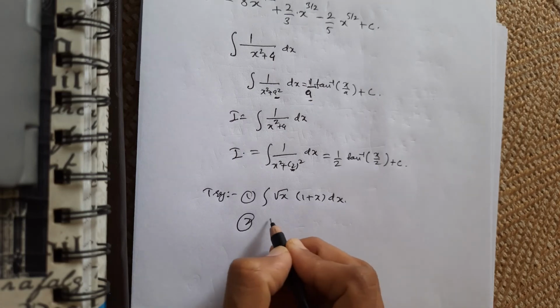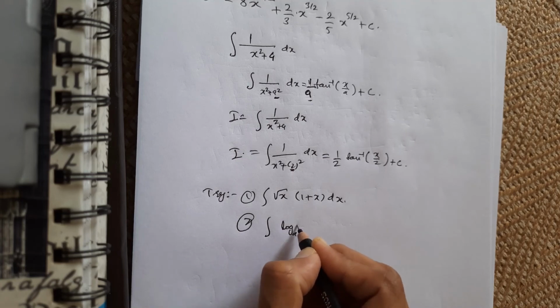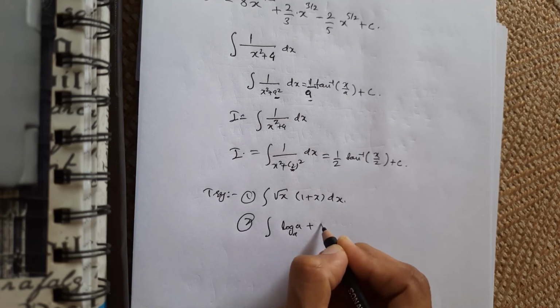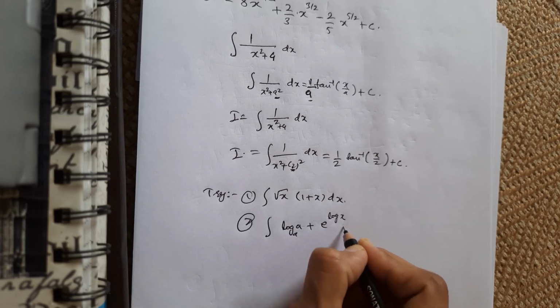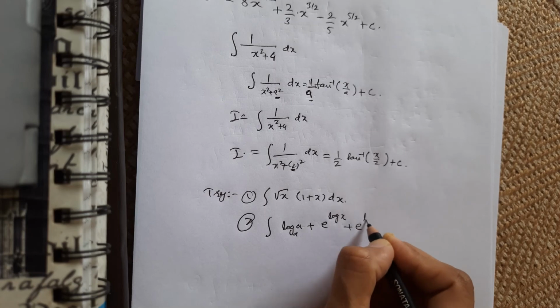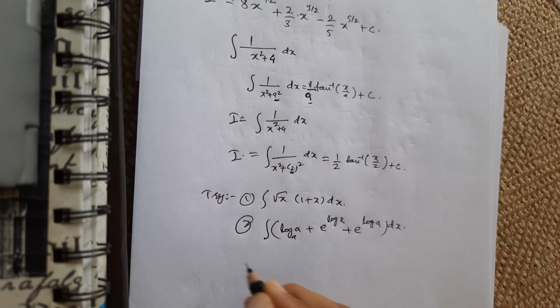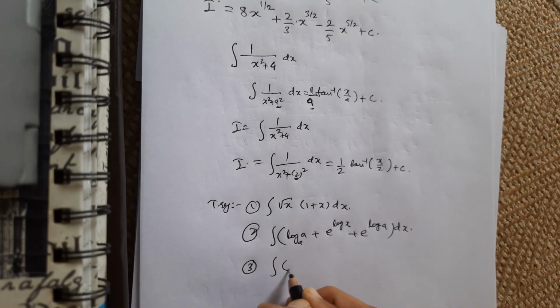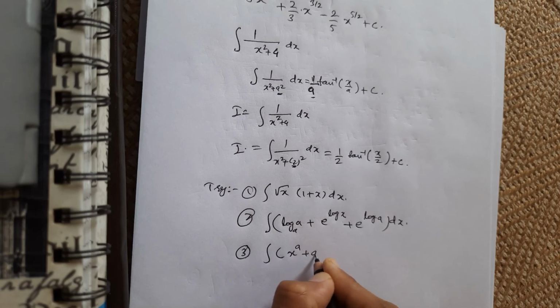One more example you should try: integration of log to the base a of a plus e to the power log x plus e to the power log a dx. And the third one you should try is integration of x to the power a plus a to the power x plus a to the power a.